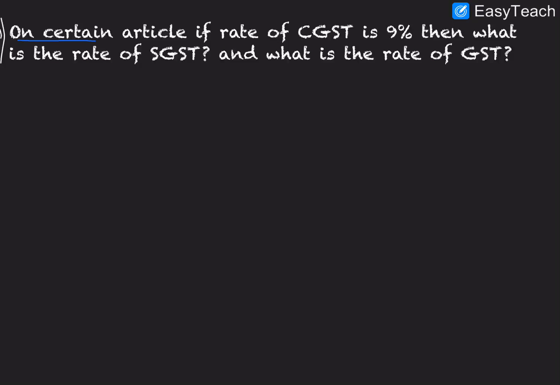So we go to the next problem. On a certain article, if the rate of CGST is 9%, then what is the rate of SGST and what is the rate of GST? CGST is given in this problem, that is 9%, and we have to find the SGST and the GST of this article.